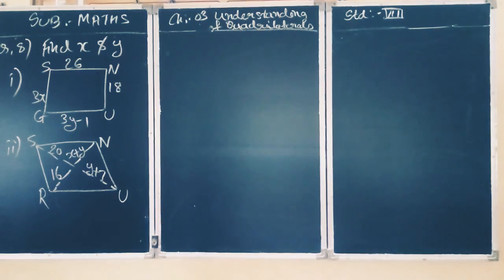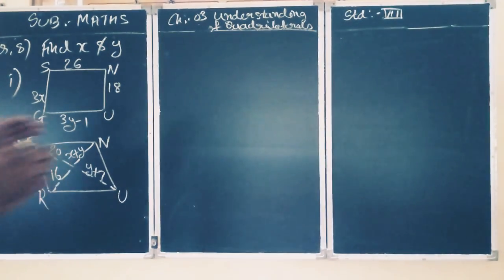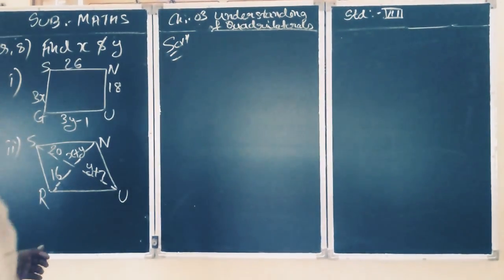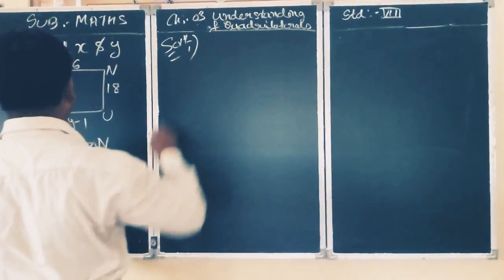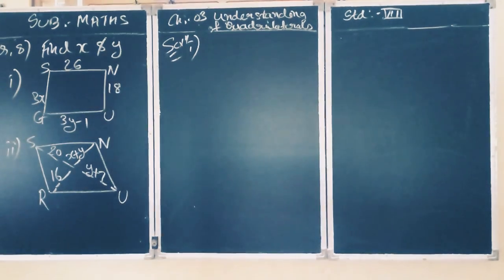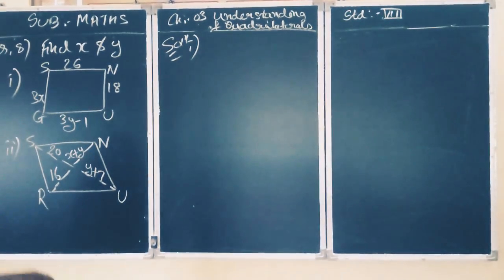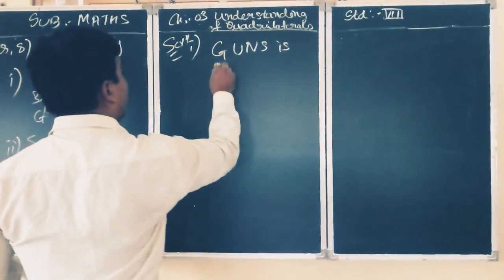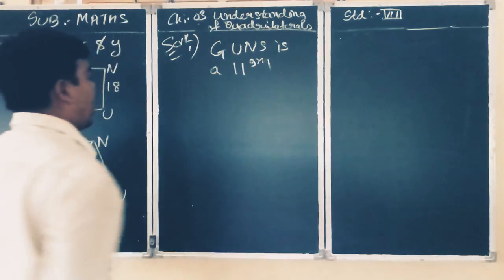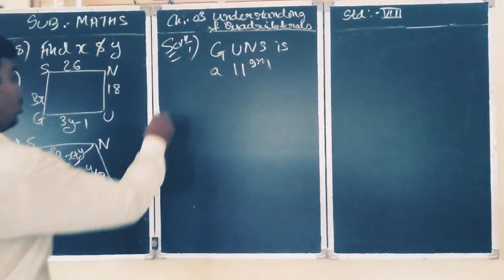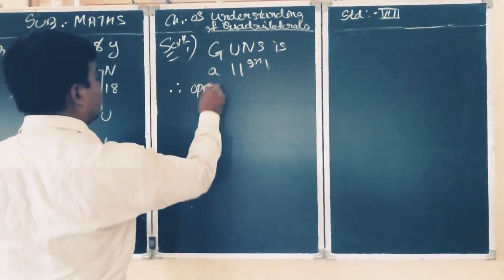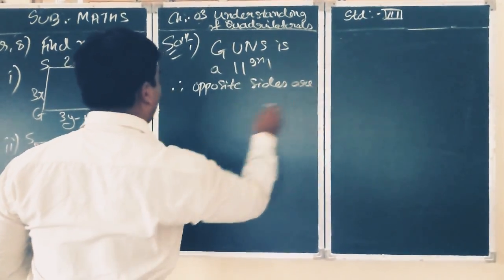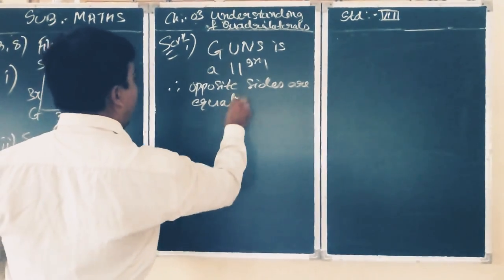For question number 8, find x and y. First we find the value of x. GUNS is a parallelogram, so opposite sides are equal, and parallel also.